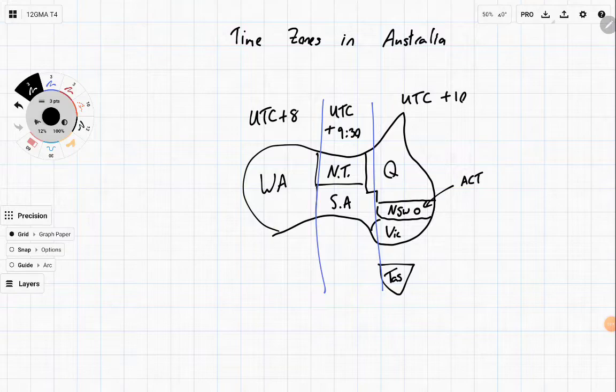The ones that do observe daylight savings are all of the southern states. So South Australia, New South Wales, ACT, Victoria, and Tasmania are all ahead 1 hour during summer, which we call daylight savings.